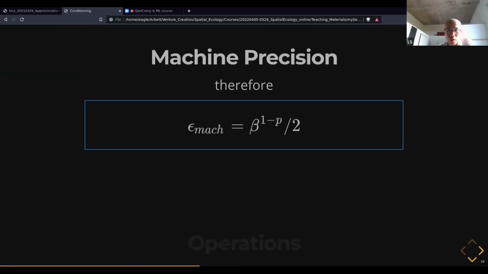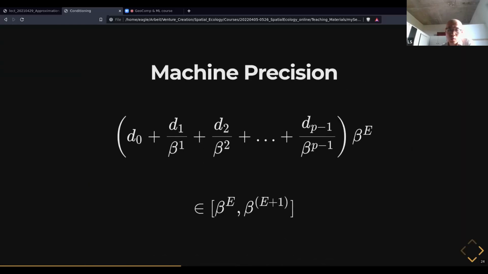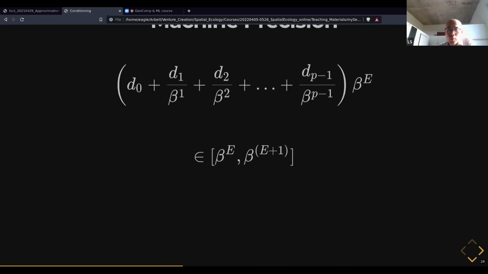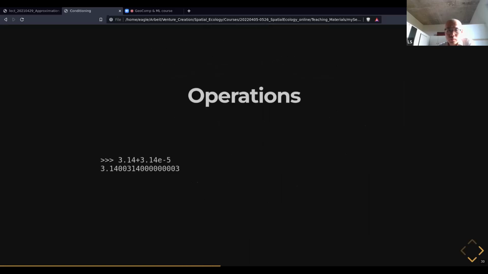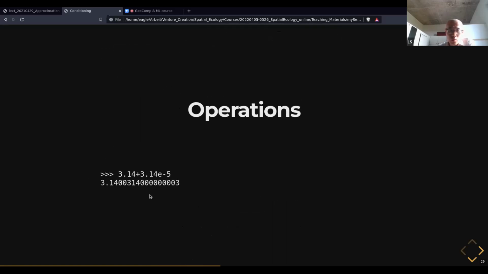As we saw before, how are numbers represented this way? 3.14 and 3.14 times 10 to the power minus 5 have different numbers of digits, right? If you put this on paper, you can see easily one is 10 to the power 0, the other is 10 to the minus 5.